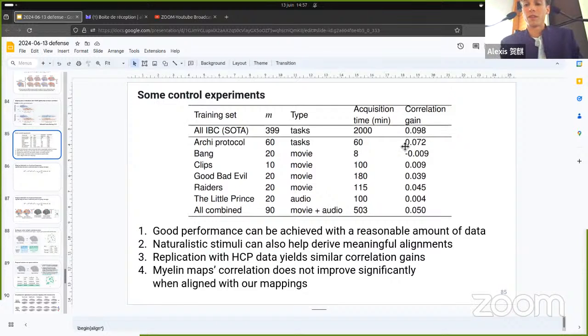It's not something that I've thoroughly tracked in these experiments, but we would compute anatomical-functional alignments that are actually pretty close whatever the training data is. The difference between these two lines right here mostly happens in areas where we gained signal with the new contrast maps, and it wouldn't really disturb the contrast maps already aligned with the Archie protocol, for instance.